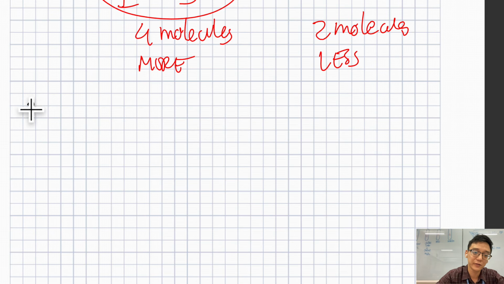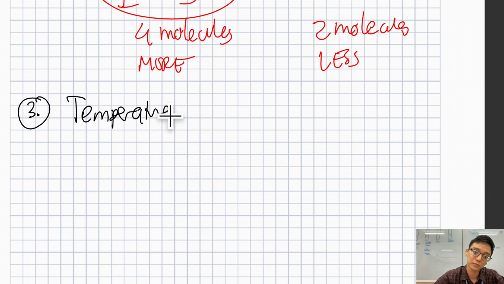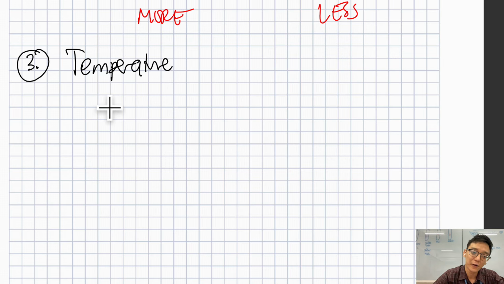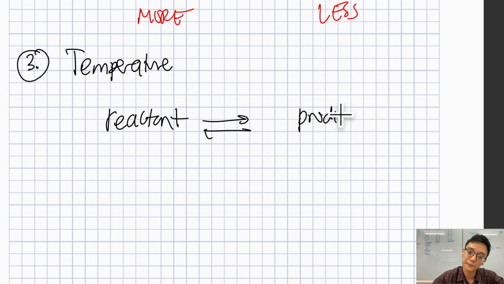So this is the correlation of pressure and volume to the equilibrium shift. Finally, we have temperature. For temperature, it depends on the reaction, whether it's endothermic or exothermic. Reactant becomes product, the same thing.